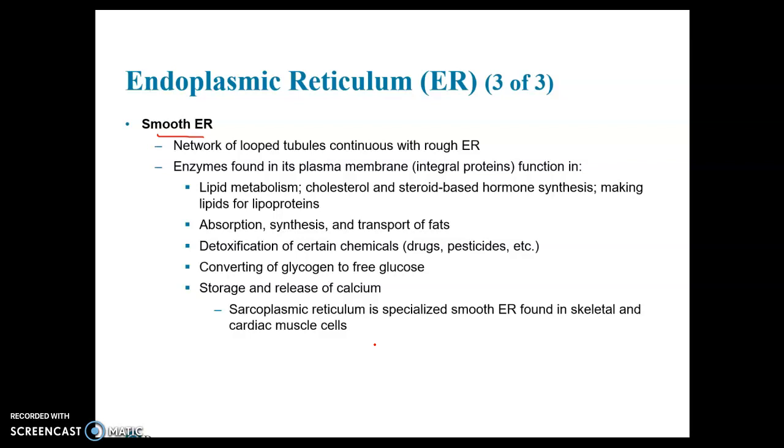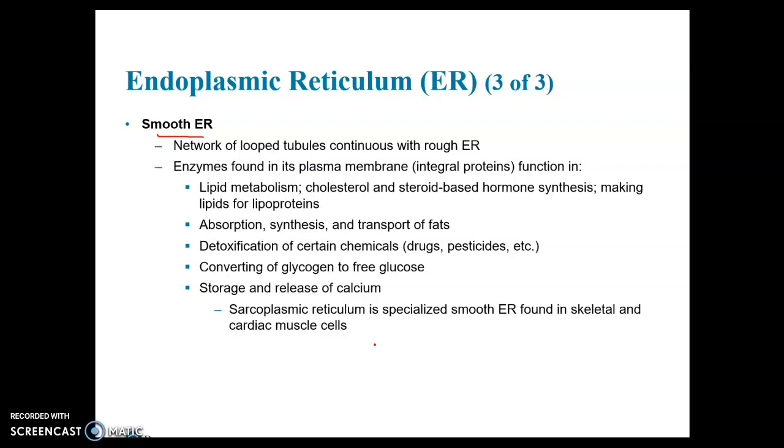Particularly this happens in muscle cells where the smooth ER is called the sarcoplasmic reticulum instead of endoplasmic, but it's still endoplasmic reticulum. It just has a special name in muscle cells. And that sarcoplasmic reticulum stores calcium because calcium is needed to kind of kickstart a muscle contraction.